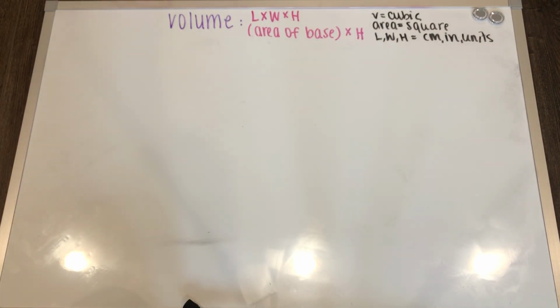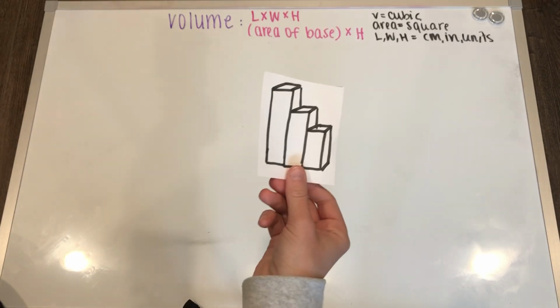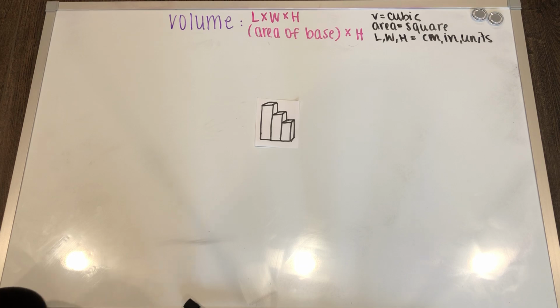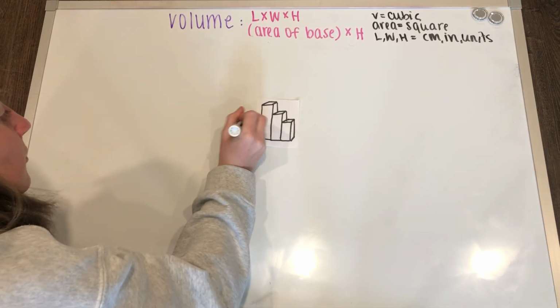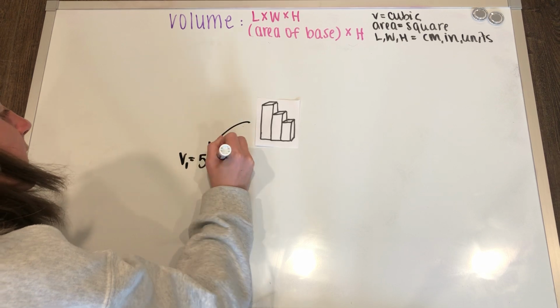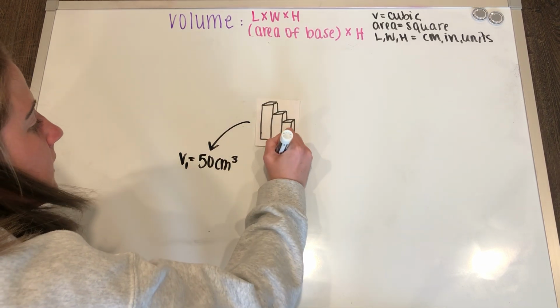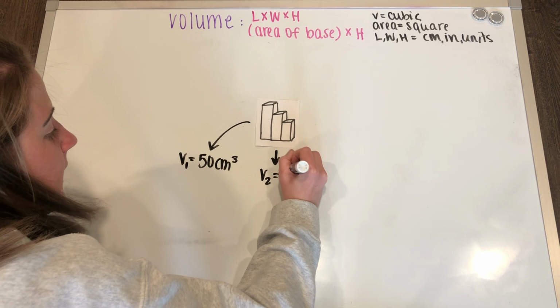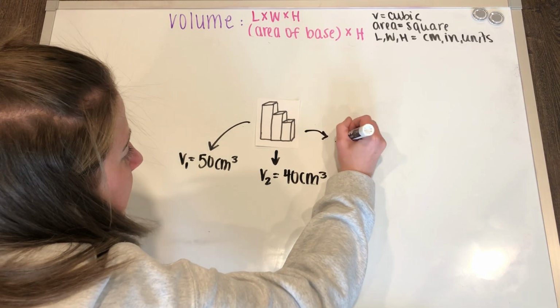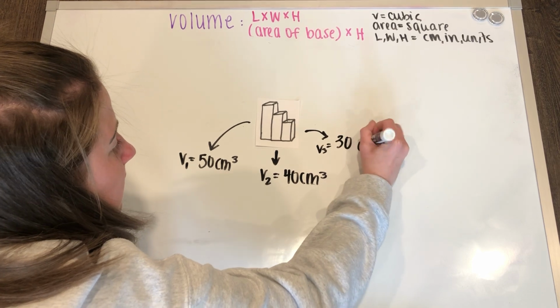So what if we had something that looked like this? Instead of there being 2, we now have 3, kind of similar to the last thing we did. The first one, the volume is 50 centimeters cubed. The second one is 40 centimeters cubed. And the third one is 30 centimeters cubed.